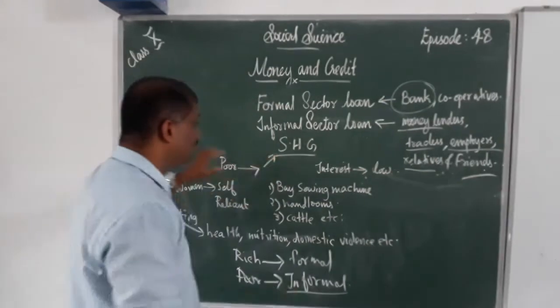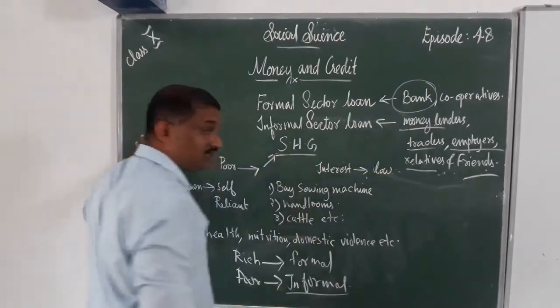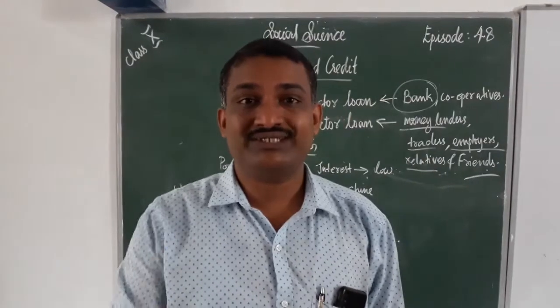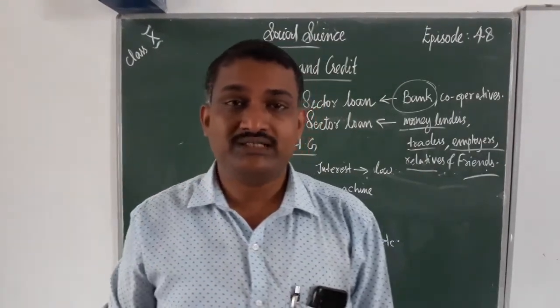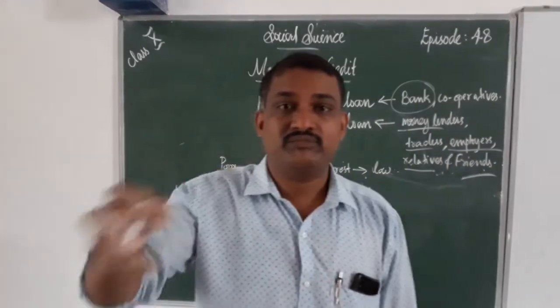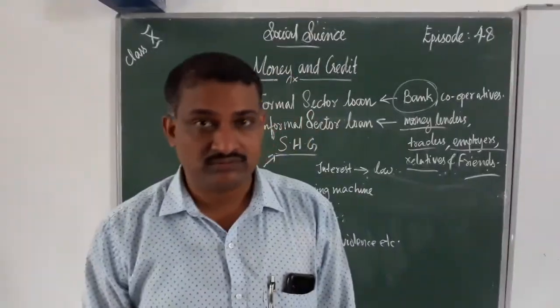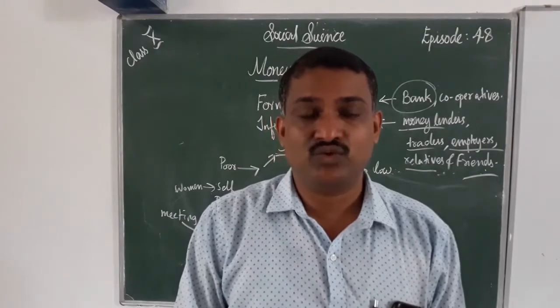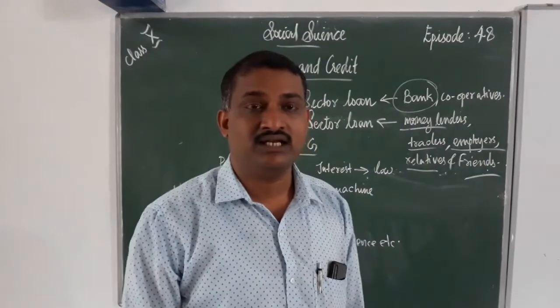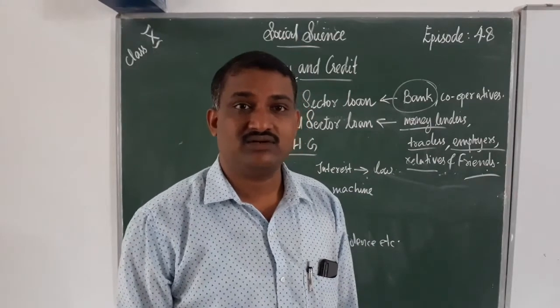What is SHG? A self-help group was formed. What was the aim of this self-help group? It means that a unit can function. The members of a village can come together and form an association, and that group we call a self-help group.